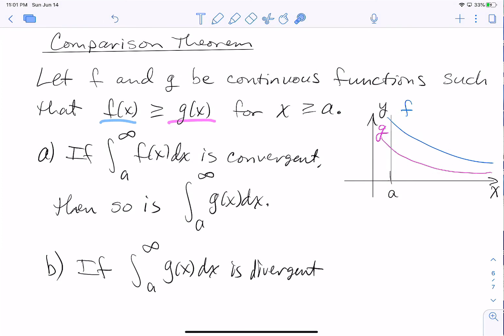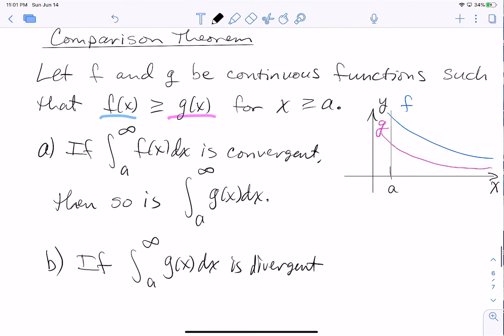What that's saying is if the area under g is infinite, and if f is bigger than g, then there's no way the area under f is finite. So if the integral from a to infinity of g of x dx is divergent, then so is the integral from a to infinity of f of x dx.